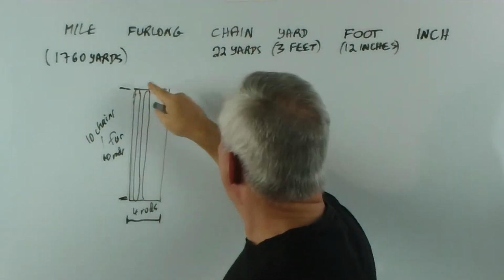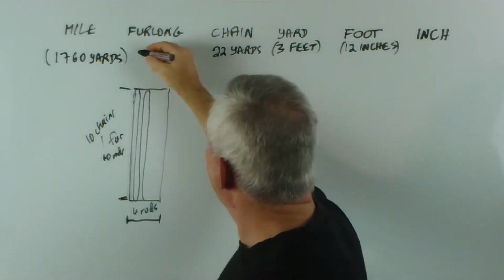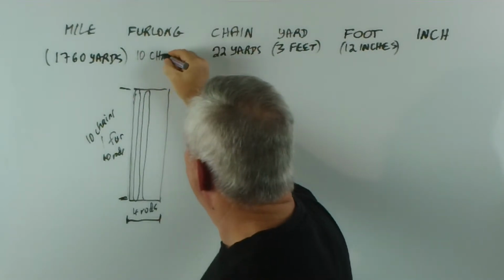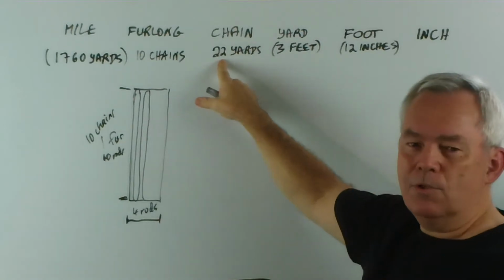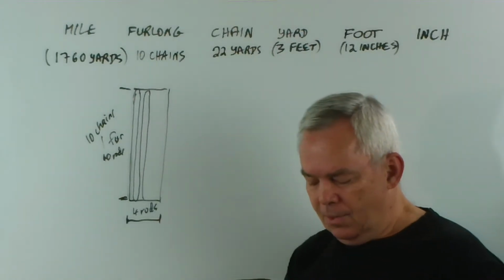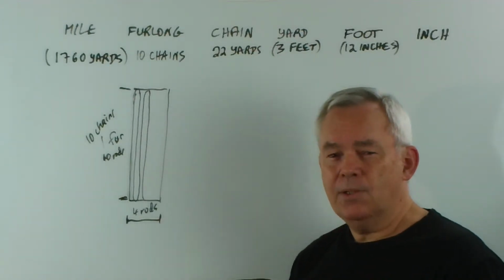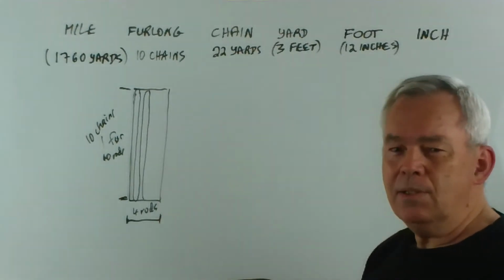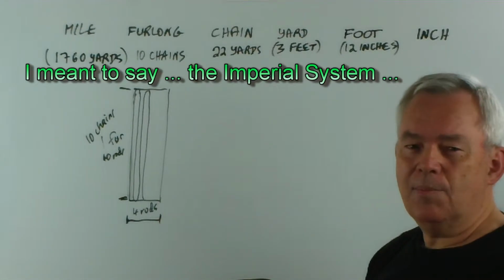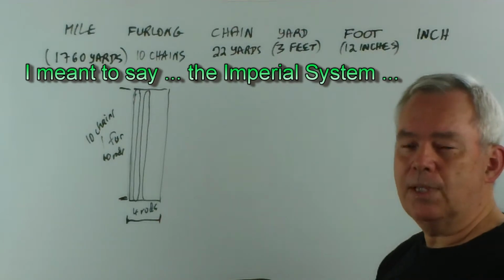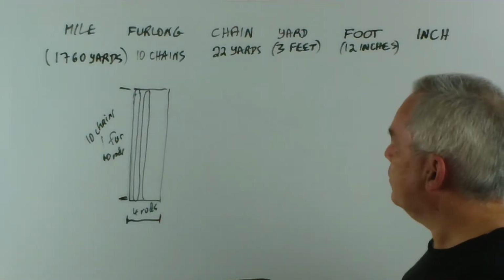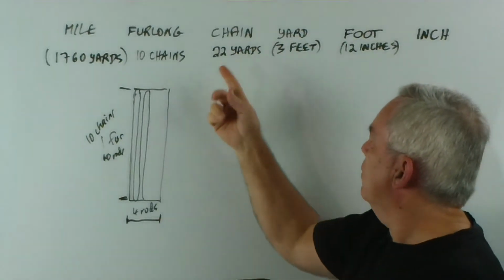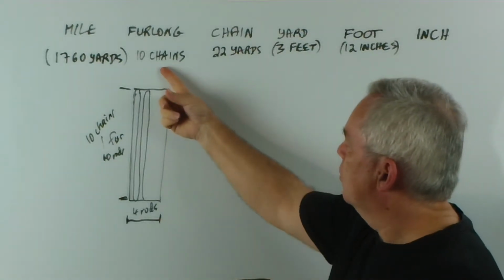The furlong is 10 chains, so it's actually, I'll write 10 chains, and you can actually see that makes it 220 yards, which is almost exactly 200 metres. When I was a youngster, and Australia still had the metric system, we used to run 220-yard races before the 200-metre races came in. So there we are, that's a furlong.